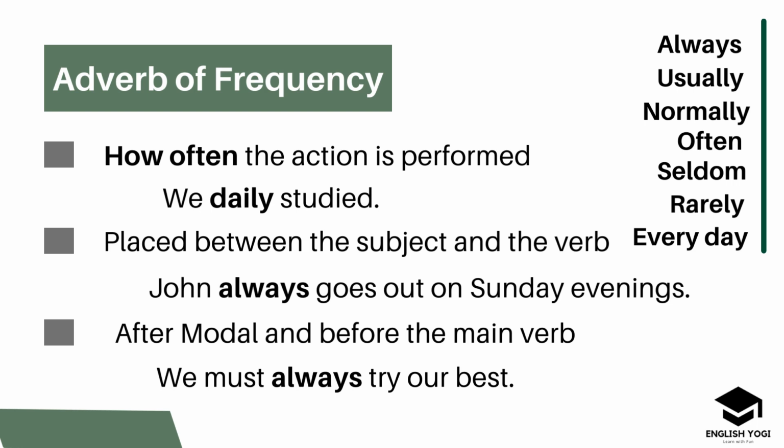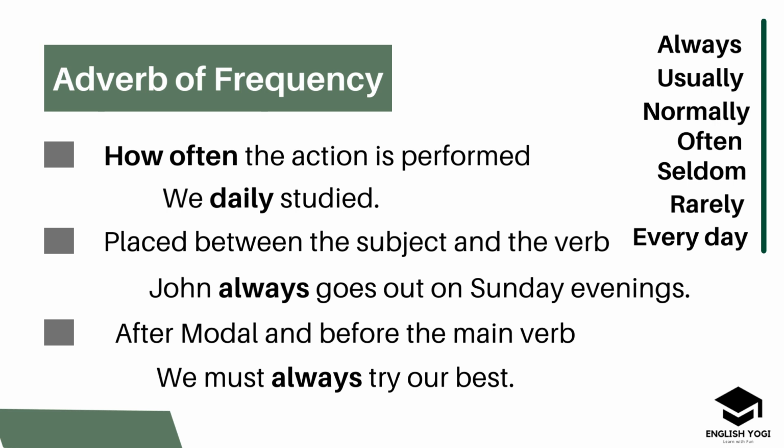Next type of adverb is adverb of frequency. What is frequency? How often the action is performed. We studied daily. Here daily is an adverb of frequency. How did we study? We studied daily. And all these adverbs of frequency are placed between the subject and the verb. So, John always goes out on Sunday evenings.